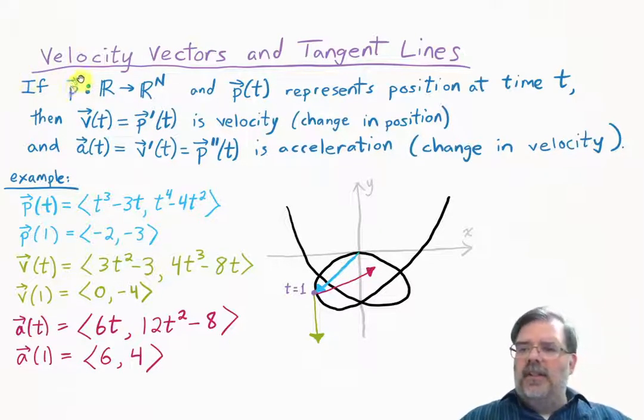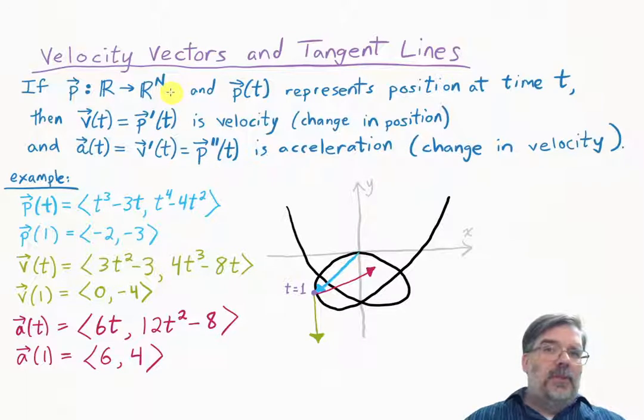So first, let's say that we have a vector function p from R to R^n. Our pictures will always be two-dimensional, but this does apply to three-dimensional functions as well. Let's assume that the vector function p of t represents the position of a point at time t.